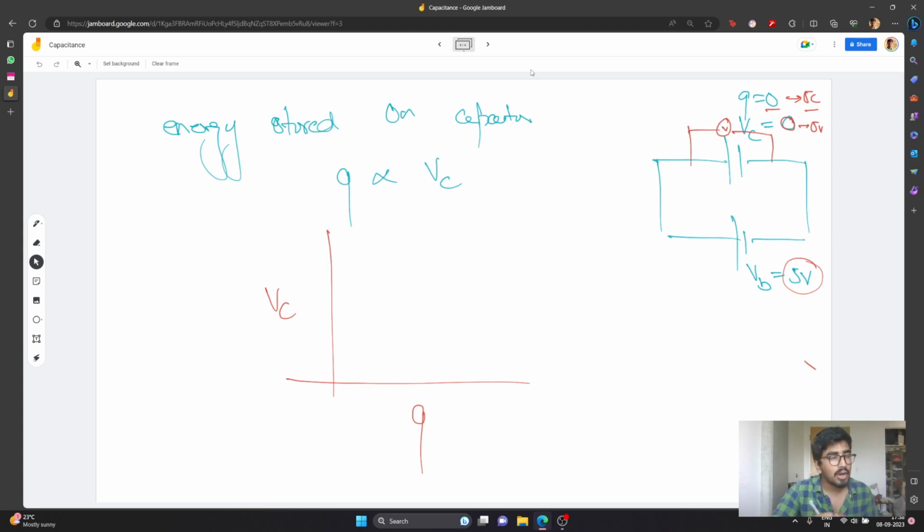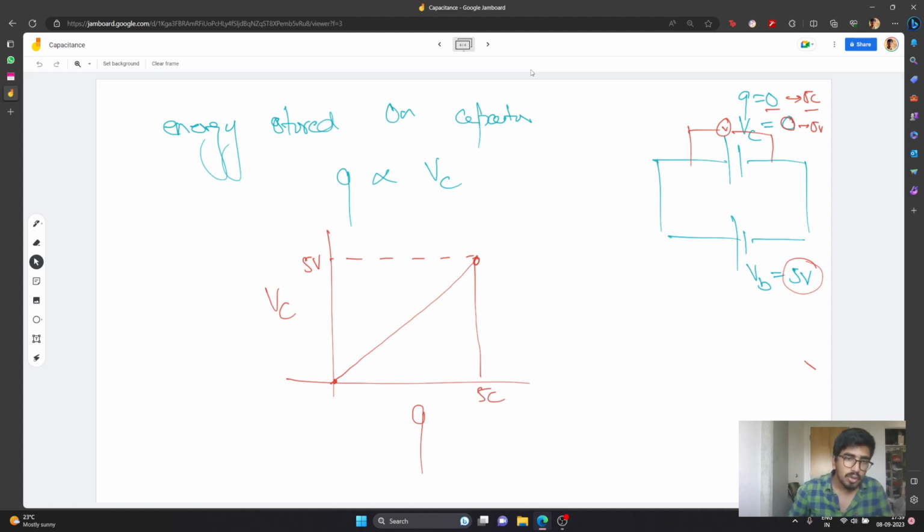It will rise slowly, starting from 0 when the charge is 0, until it reaches the point where the charge becomes 5C, at which point the final voltage becomes 5. So that slowly matches, and at this point the current basically stops flowing.